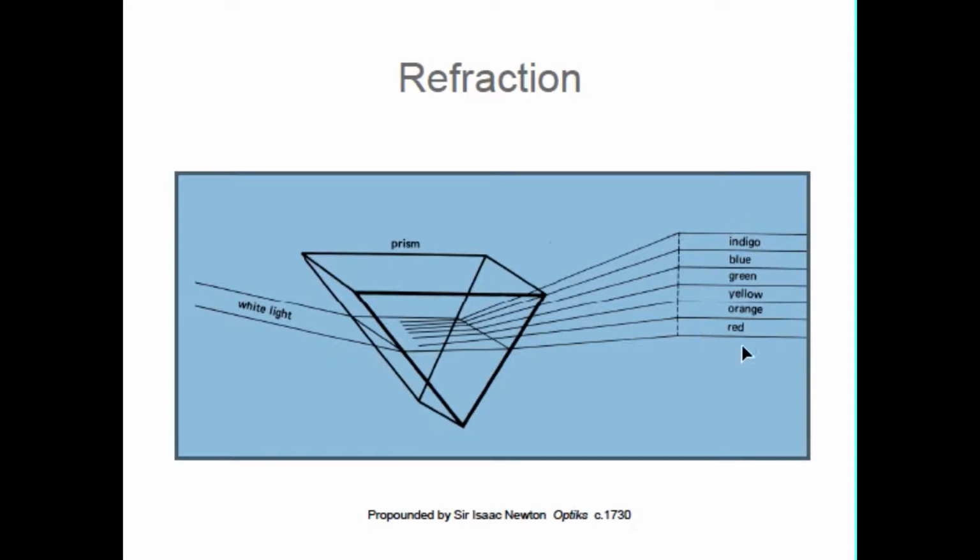And so all of these mixed together to create the white light. Other hypotheses of the day were that the prism would actually add these colors to the light, but Newton's idea was the correct one, that white light is actually made up of all these colors mixed together.